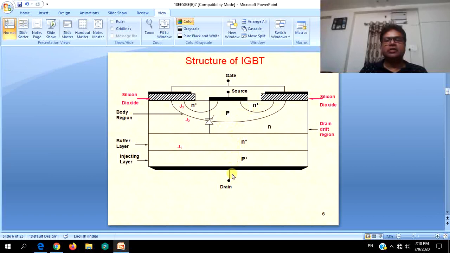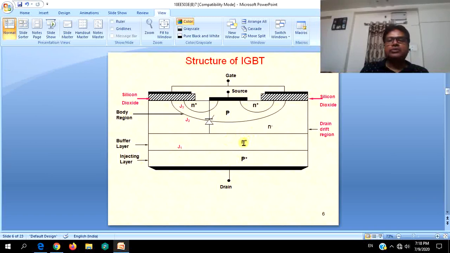Eventually the conduction will be taking place from source to drain. It consists of a P plus layer called the drain or injecting layer. P plus means heavily doped. Drain is connected to P plus, called the injecting layer.